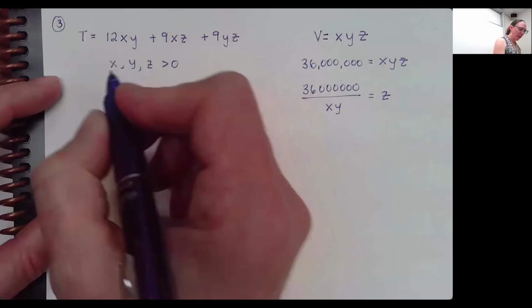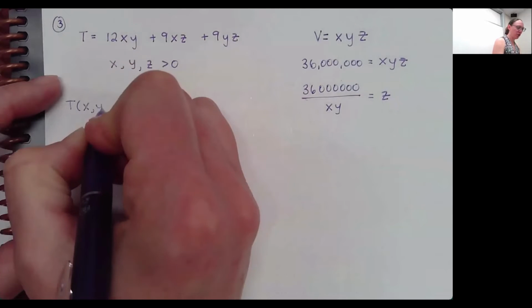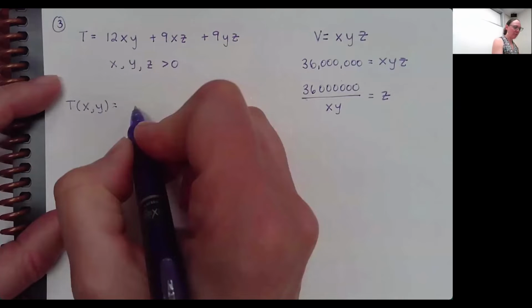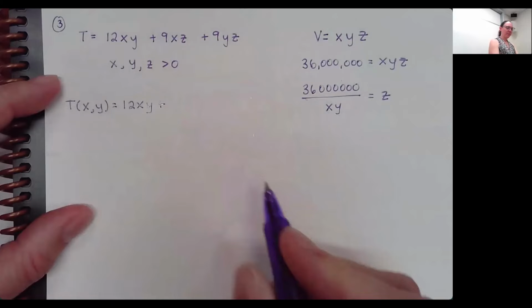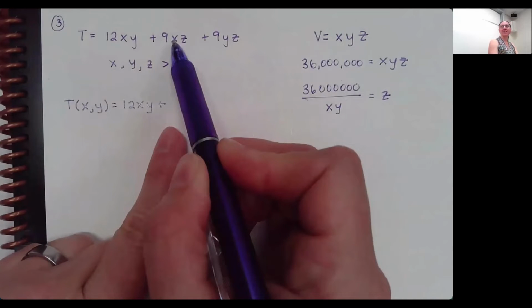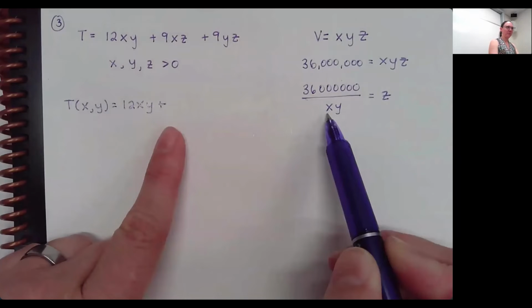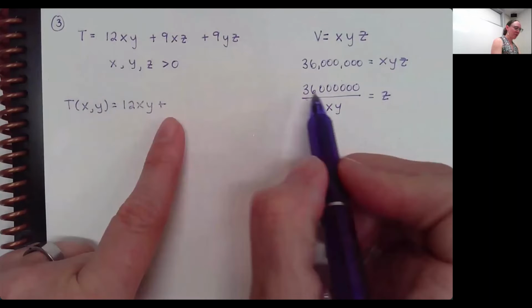So plugging that into our equation for the heat loss as a function of x and y becomes 12xy plus, now when I plug my z in here, that x and this x in the denominator are going to cancel. I'm going to have 9 times 36.